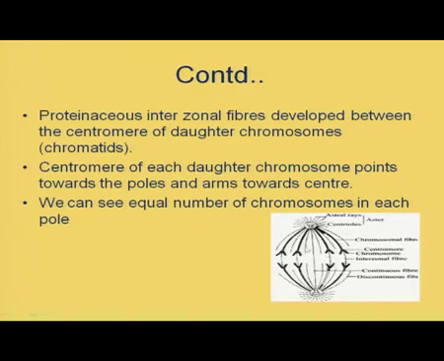Based on this arrangement of chromosomes in this particular stage, anaphase, we can identify the stage. The centromere of each of the daughter chromosomes or chromatids points towards the poles, and the arms are pointing towards the center. These are the identifying characters.